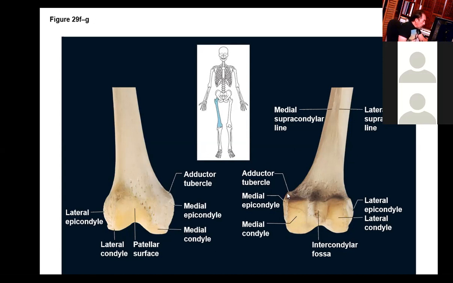You should use the adductor tubercle as a landmark for the medial side. The adductor tubercle is seen here, not here. So this is going to be my medial side. Medial epicondyle, medial condyle. Lateral condyle, lateral epicondyle.